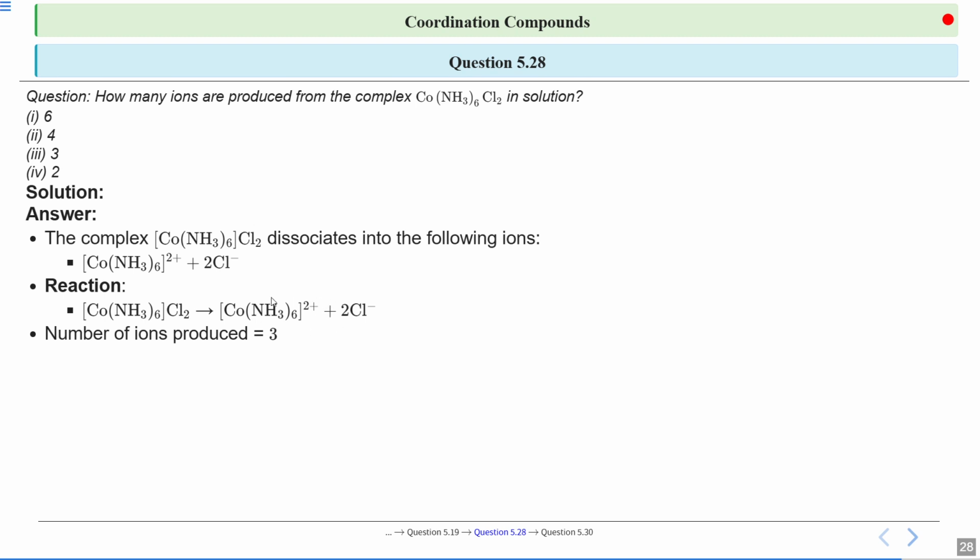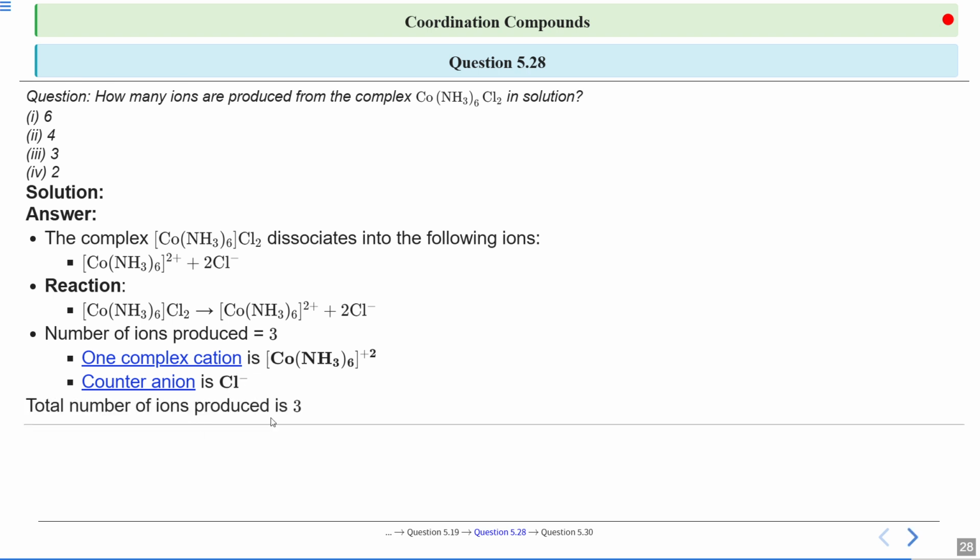So this cationic complex you are getting as 1 ion, plus the 2 chlorides. So there is a total of 3 ions produced after the dissociation. One is the complex cation, [Co(NH3)6]2+, and the other is the counter anion chloride, which is 2 in number, right? So the total number of ions produced is 3.